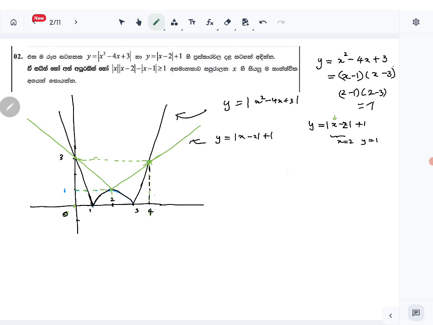Right. So then we have to solve an inequality. Right. So let's see, from the graph we have an inequality now that we can find the answer for, which is this one. x squared minus 4x plus 3 is greater than or equal to absolute value of x minus 2 plus 1.